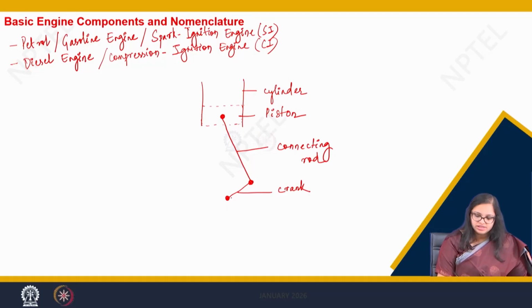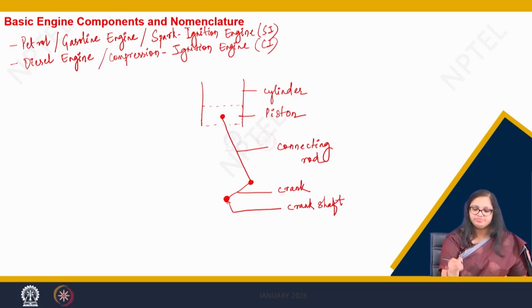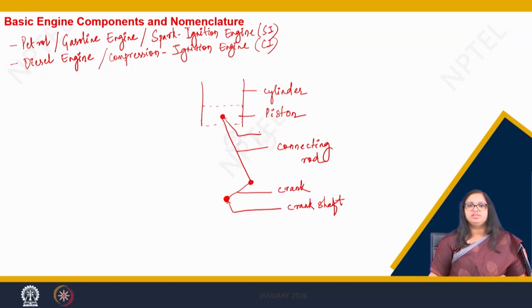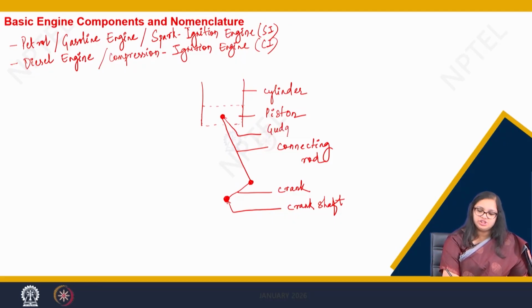Now this crank is again attached onto a shaft which we call the crank shaft. Well, this pin onto which the connecting rod is attached onto the piston, we call the gudgeon pin, and the pin onto which this connecting rod is attached to the crank, we call a crank pin.